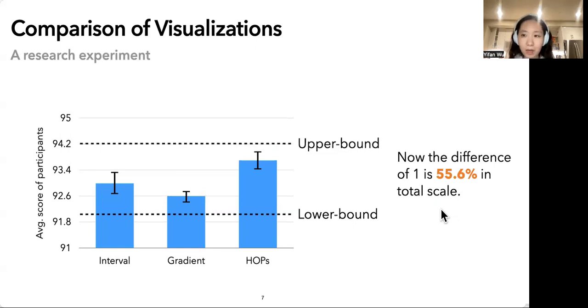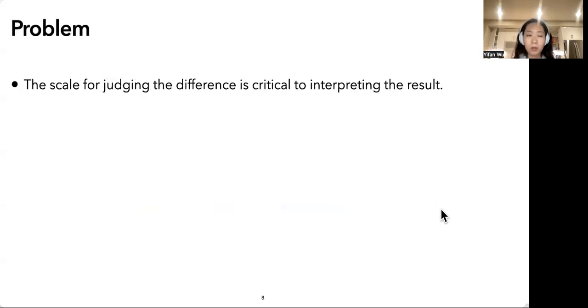So the main message from this example is that it's important to be able to interpret the results of experiments. In our paper, we give a method to get the upper bound and lower bound and also help us interpret experiment results. The problem is that the scale for judging the difference is critical.